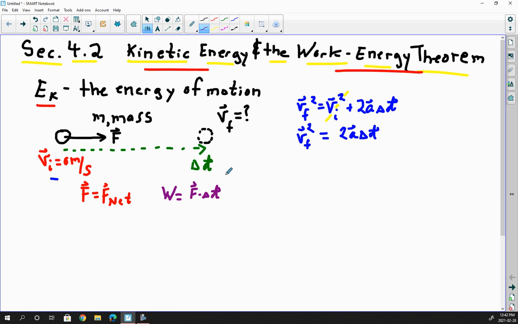This is the magnitude of that force times the displacement times the cosine of the angle between them. The force and the displacement are parallel to each other, so most definitely theta is equal to 0 degrees, and cos of 0 is 1.